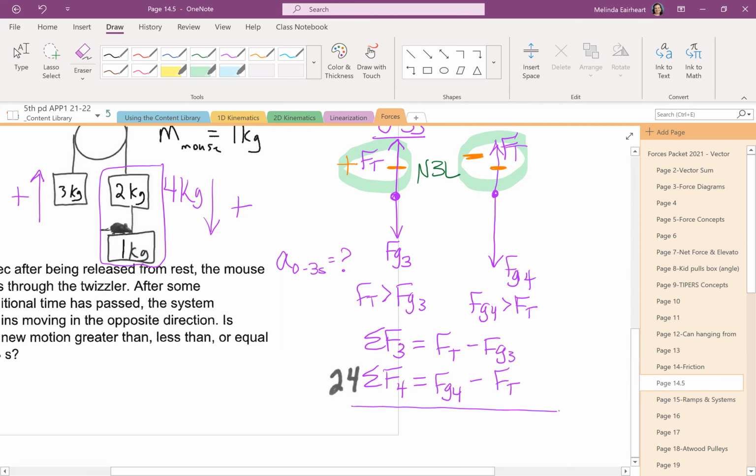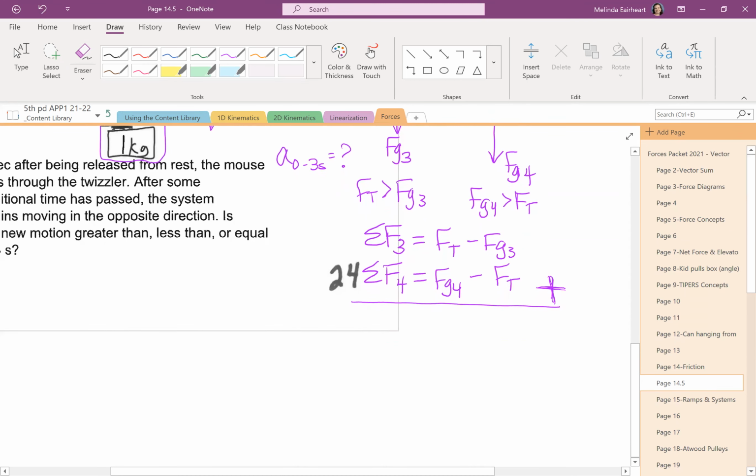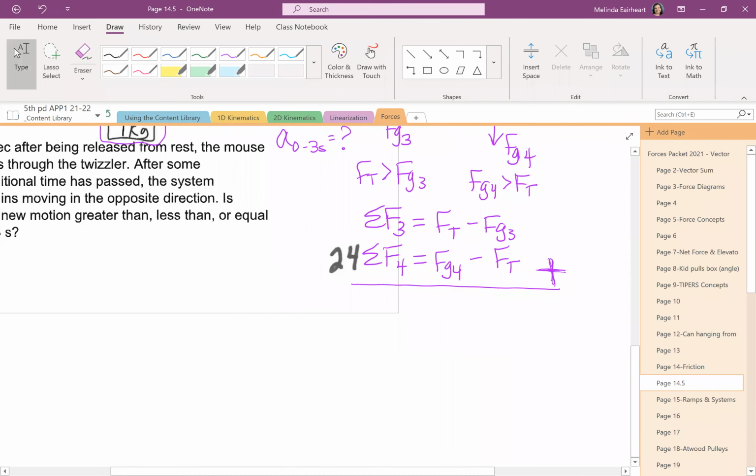Then if we put them together to make a system FNet statement, there's a couple ways we could approach this. You can say FNet system, or you can say FNet 3 plus FNet 4. It's the same thing as saying FNet system. And notice positive tension, negative tension.